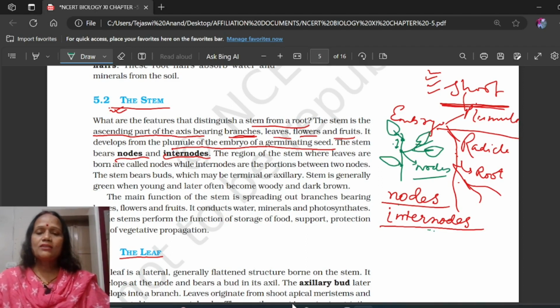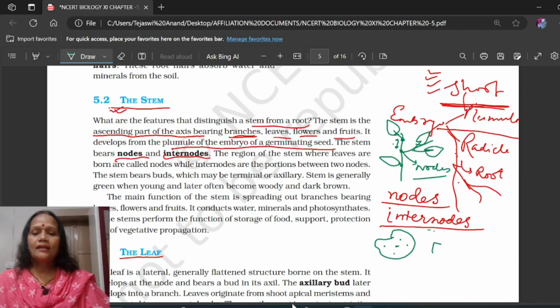Because in your syllabus now it has been curtailed, modifications of stems are not a part of your syllabus. Earlier we were reading about modification of stem, in which we were reading about tuber, potato. You understand potato? There are different eyes on it.